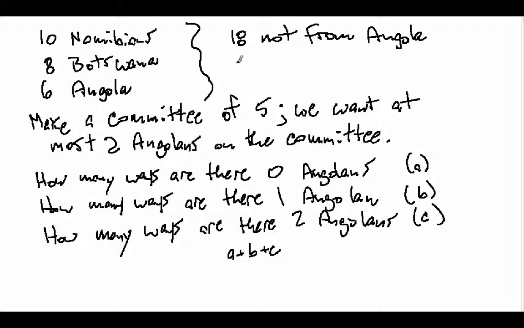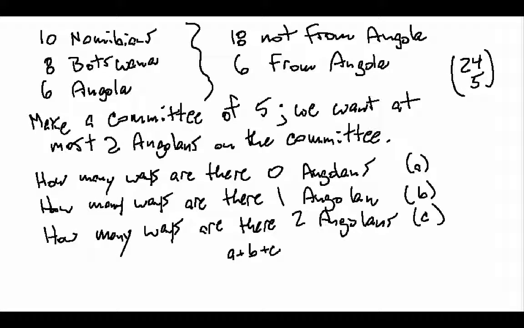And we could say that there are 6 people from Angola. Okay. Now, first of all, there are 24 people here. How many different ways can I make a committee of 5? And the answer of that, of course, would be 24 choose 5.